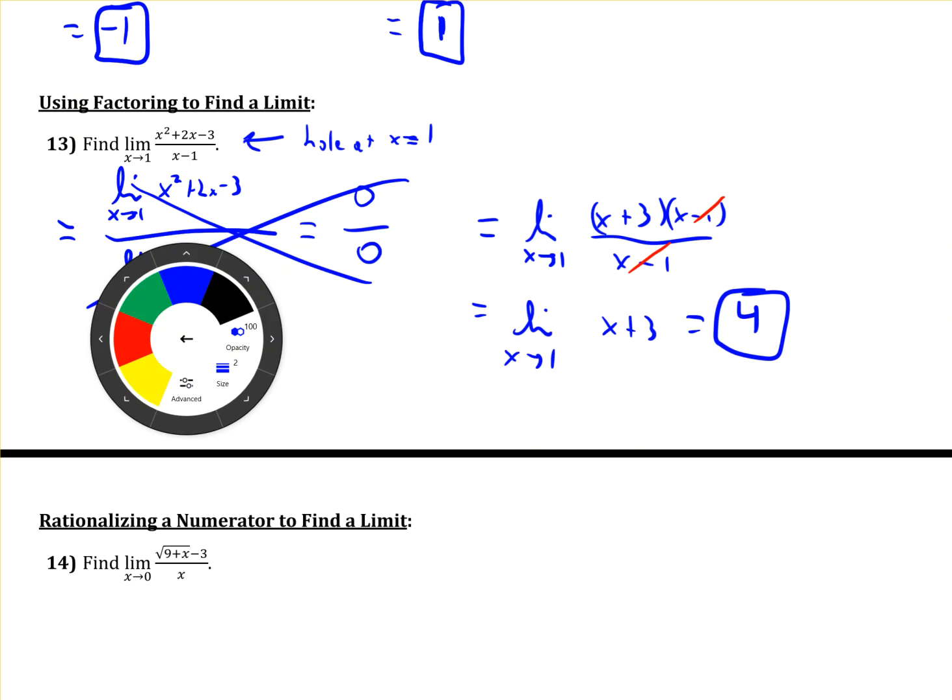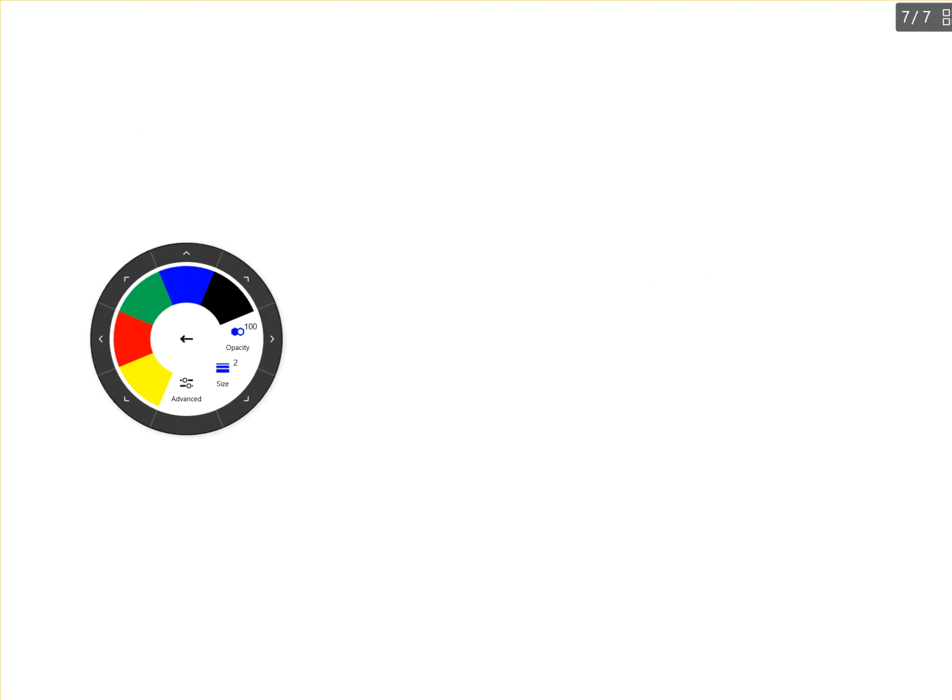Now that's kind of a powerful tool of the limit, because let's just skip 14 for just a second. I'm going to come down here and write something again. So what we just did was x plus 3 times x minus 1 over x minus 1. Now, this statement that I have written right here is incorrect. Okay?